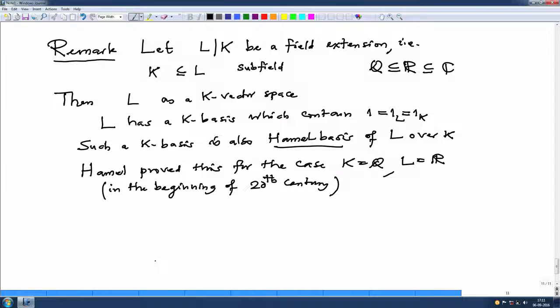So this is now very common language, especially in functional analysis in general, where non-finite dimensional vector spaces are involved.